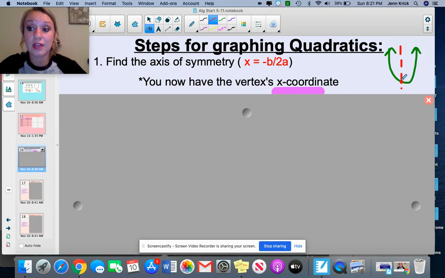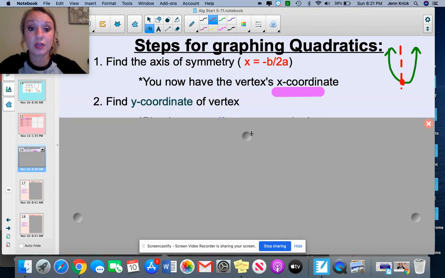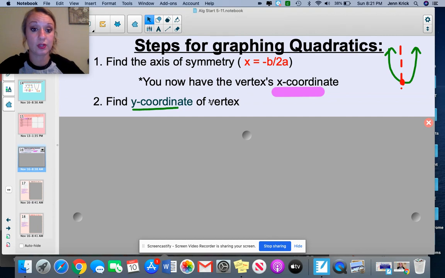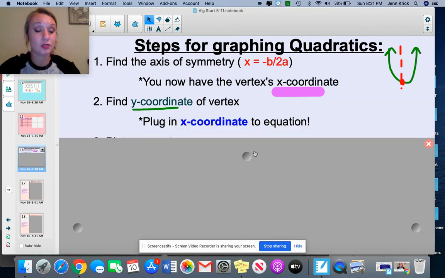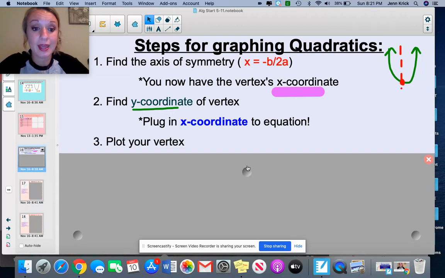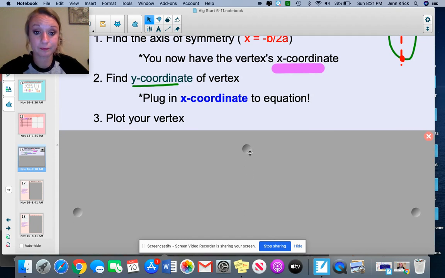When you do that, you also have the x coordinate of the vertex, and you can use that to find the y coordinate. So that's your next step. You're going to do that by plugging in your x coordinate to the equation. This probably sounds very abstract right now, but I promise once I show you in real time, it'll make more sense. Then you're going to actually plot your vertex as a coordinate pair.